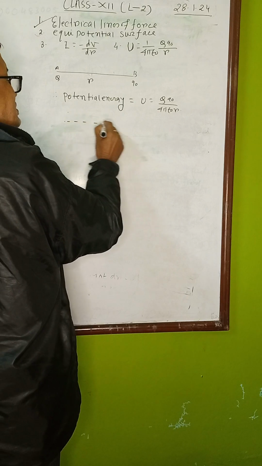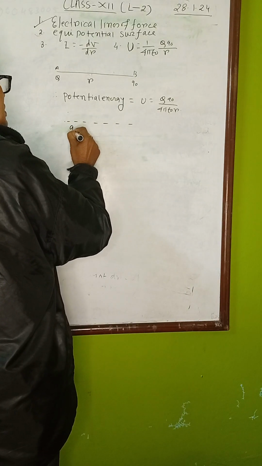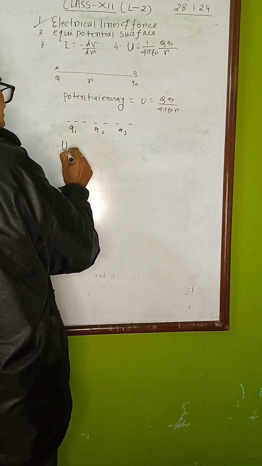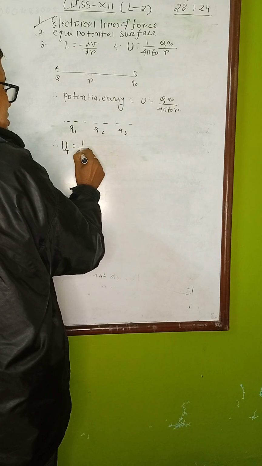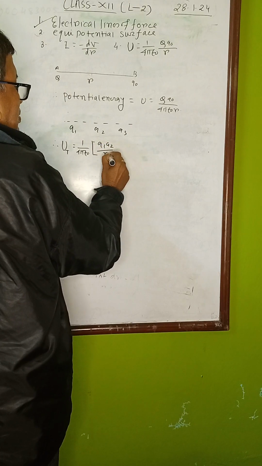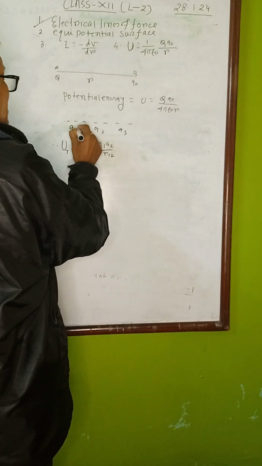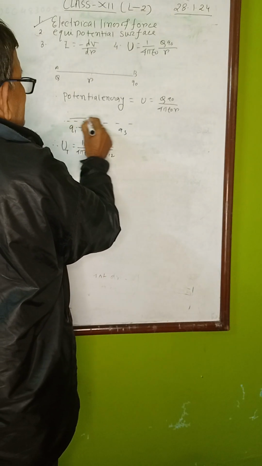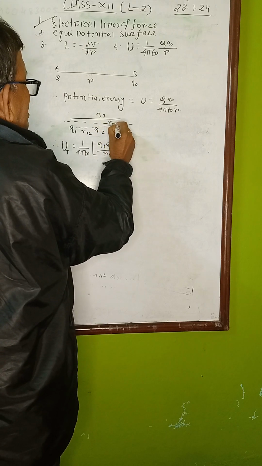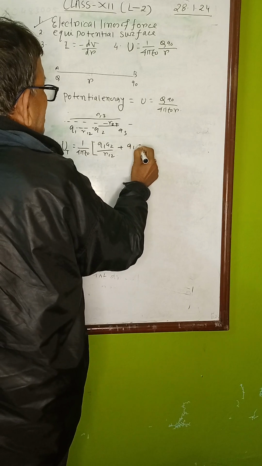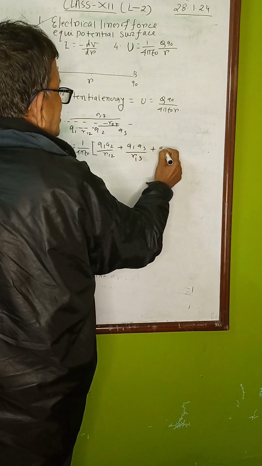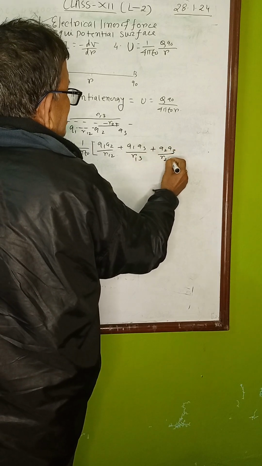If there are 3 charges, suppose Q1, Q2, Q3, we have total potential energy equal to 1 by 4 pi epsilon naught times Q1 Q2 by R12, where R12 is the distance between them, plus Q1 Q3 by R13 plus Q2 Q3 by R23.